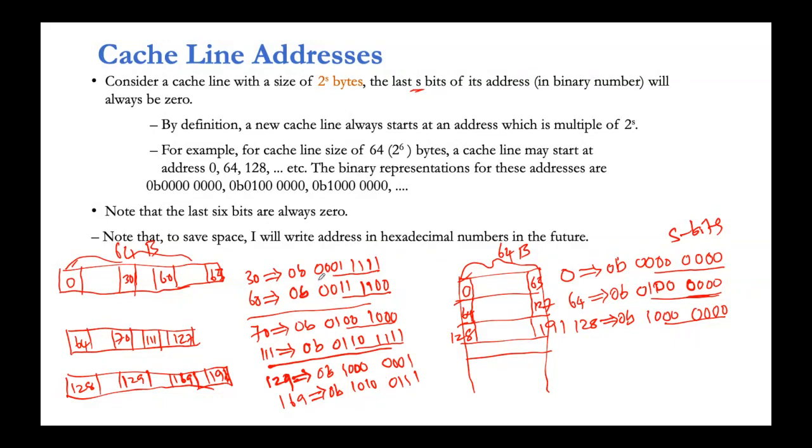But if you clearly observe, for any arbitrary data in that cache line, the first 2 bits are common. The first 2 bits are the same in all the addresses of a cache line.